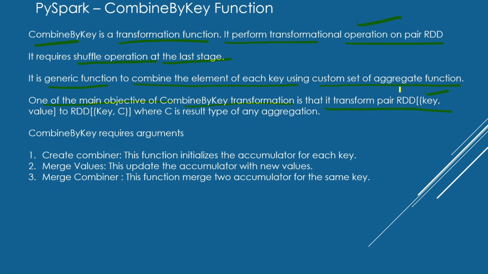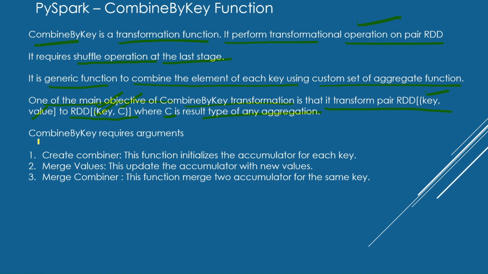So this is the key, and this is the value of the pair RDD, and it returns the pair RDD in the form of key and value. So key is the key on which the partition is happening, and C is the result of the aggregation. Whichever aggregation we have done on top of the partition created by this key, the C value is the output of that aggregation. Aggregation could be sum, count, mean, max, etc.